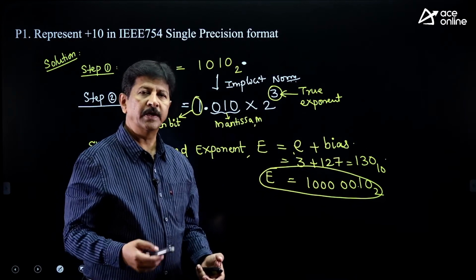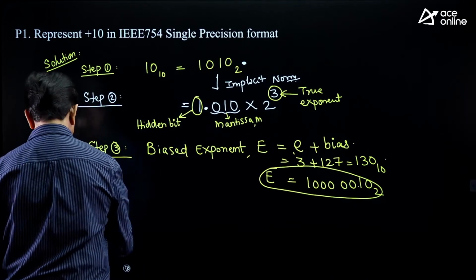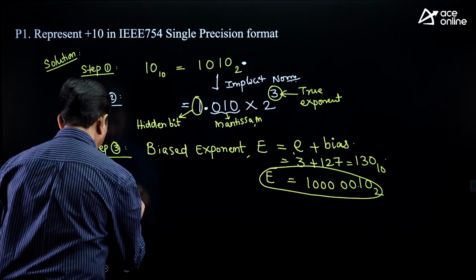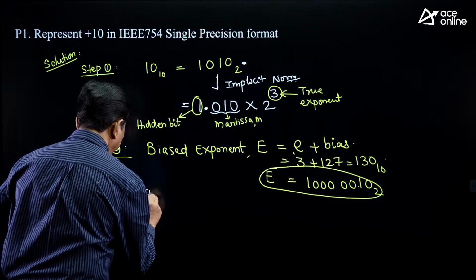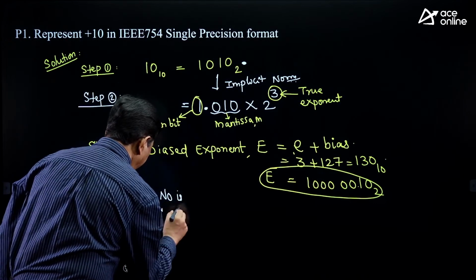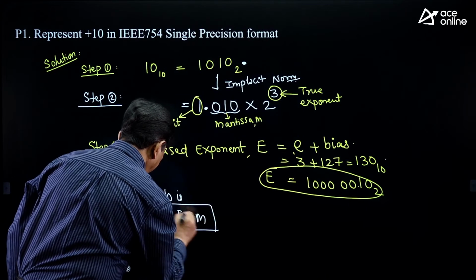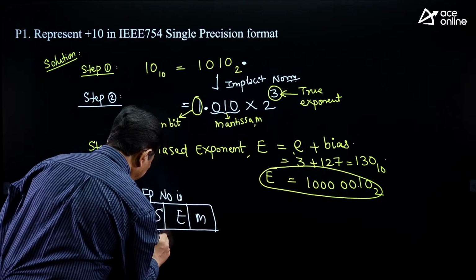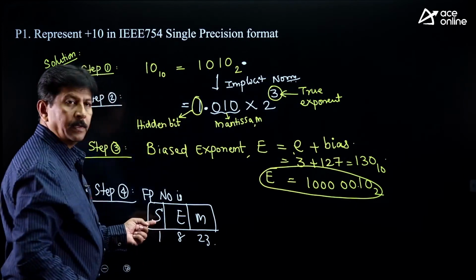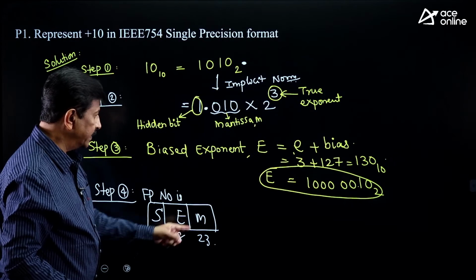Okay, so now you get into the IEEE format. Step 4. Sign of the mantissa 1 bit, exponent 8 bits, which I already found.